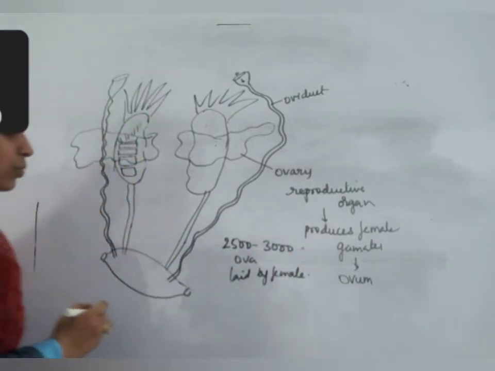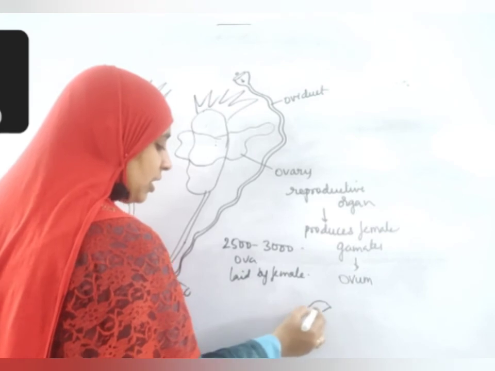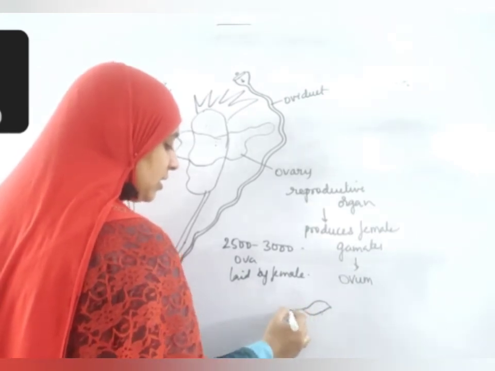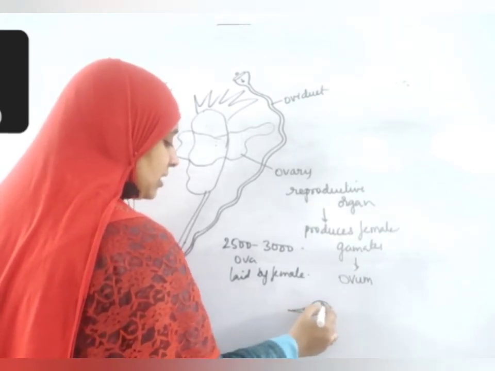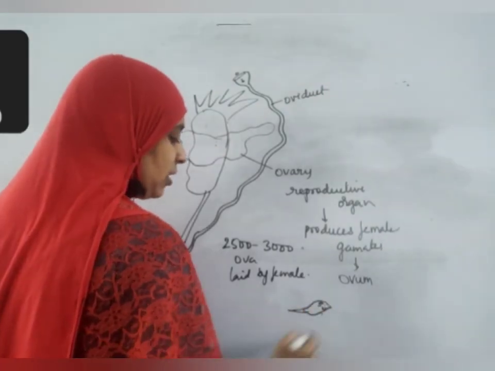And when the baby is born, initially it looks like a fish and it has a tail for swimming. It has gills present on either side for breathing.